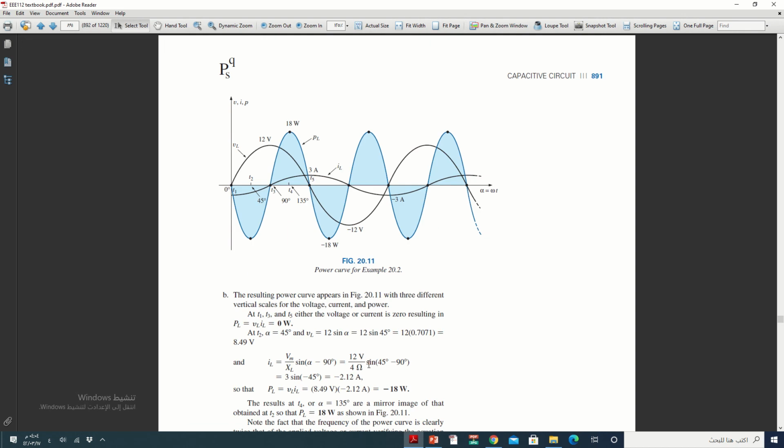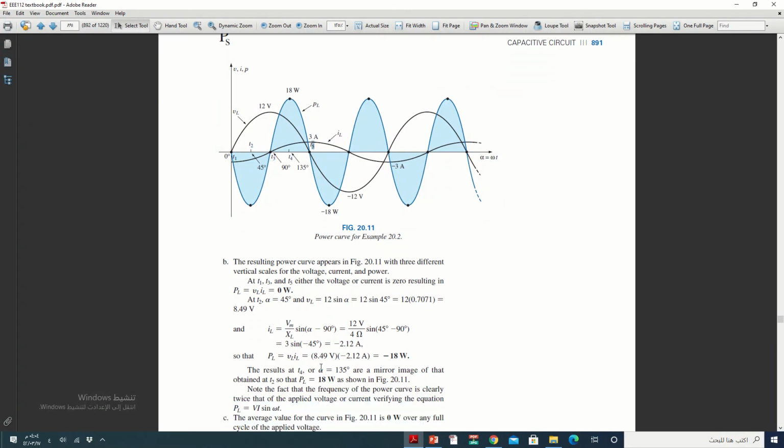If we calculate from t1 to t5, let us talk about t1. T1 will be 0 for sure. T2, when the angle is 45, we can substitute the angle: 12 sine alpha, 12 sine 45.